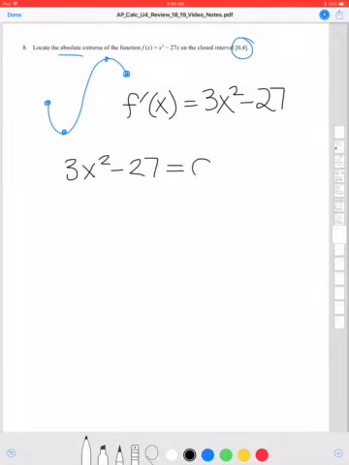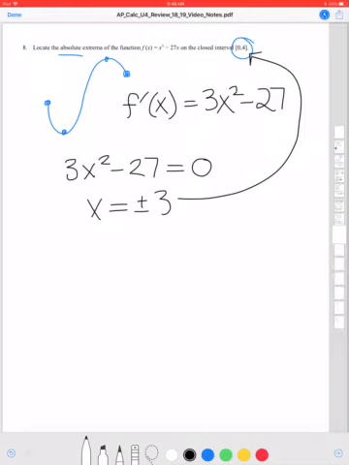We need to find the critical points, so wherever the derivative is 0 or undefined. Add 27 to both sides, divide by 3, take the square root, and we're going to get plus or minus 3. Don't forget about that plus or minus situation.